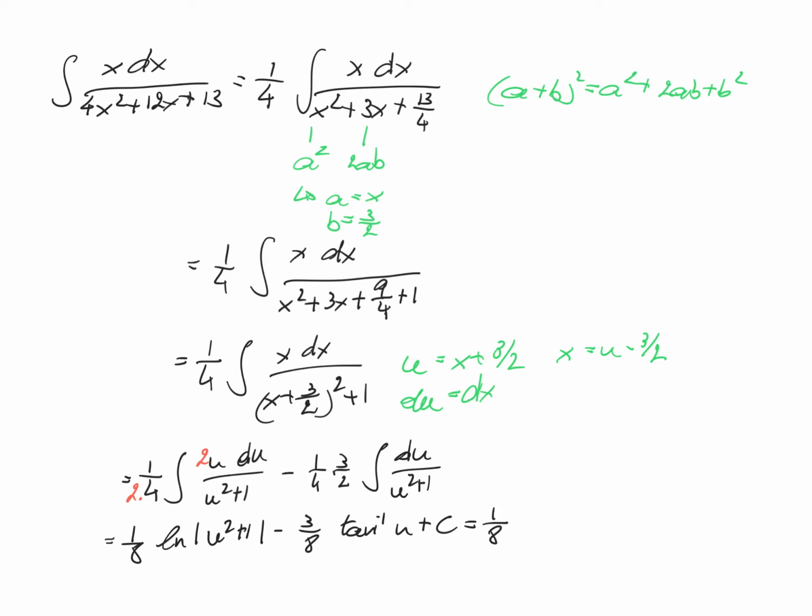So this is 1 over 8 times the logarithm of x plus 3 over 2 squared plus 1 minus 3 over 8 inverse tangent of x plus 3 over 2 plus a constant. Then there are also two other inverse substitutions that we will discuss.